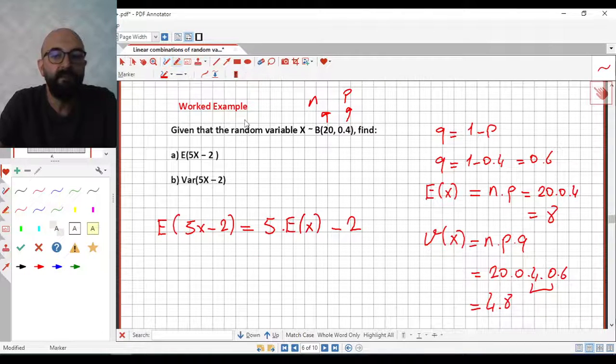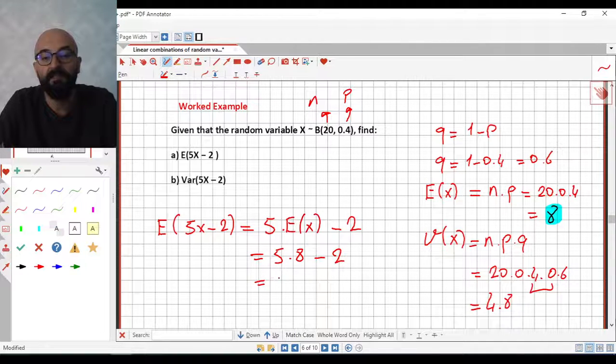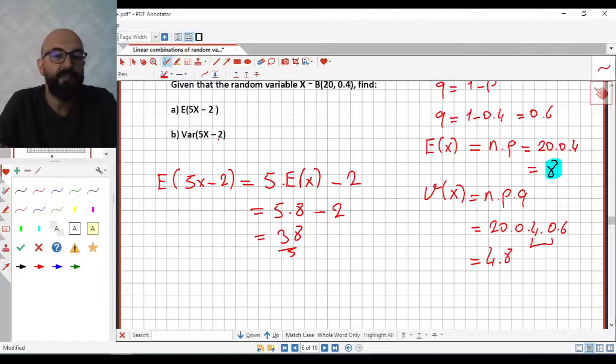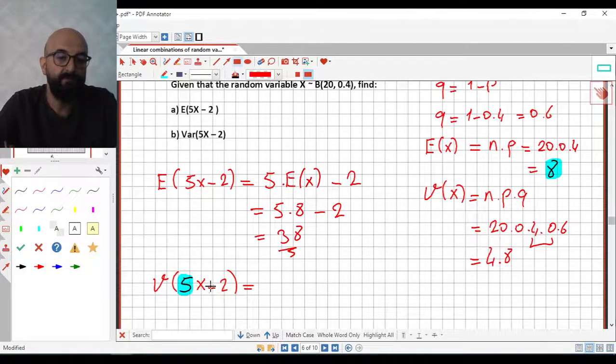We figured out the expectation of X is 8, so 5 multiplied by 8 minus 2 is 38. For the variance of 5X minus 2, we should notice that the minus 2 doesn't affect the variance.